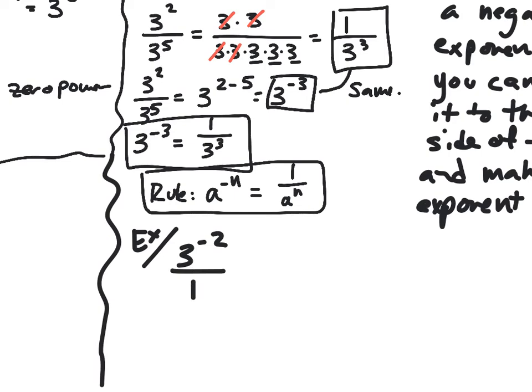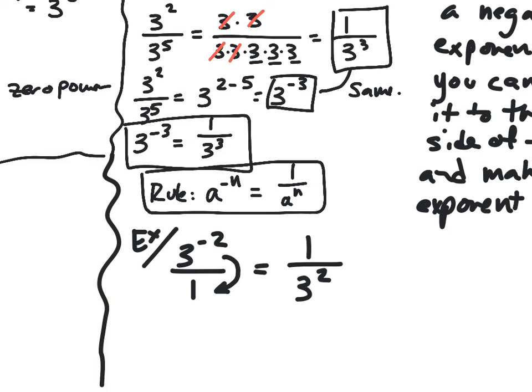Following this rule, I have a negative exponent and I want to turn that into a positive exponent. I just move it down to my denominator, and it becomes positive. That would give me 1 over 3 squared.